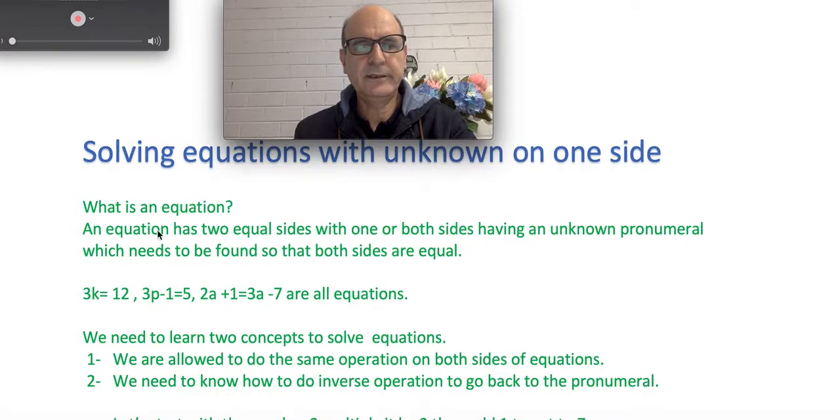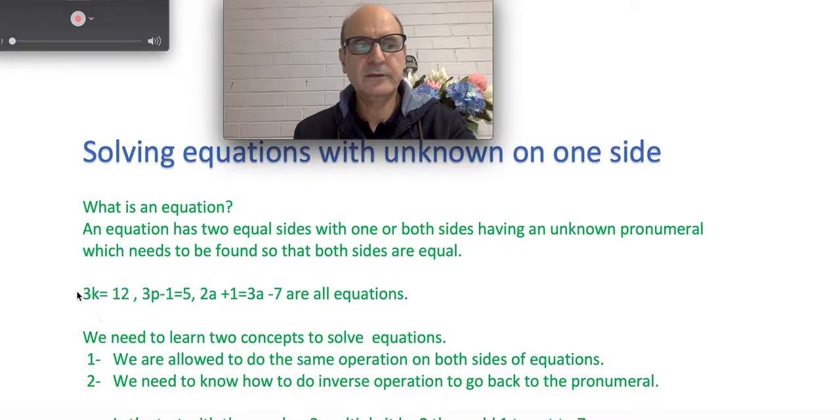An equation is any relationship which involves this sign, which is the equality sign, which shows two sides are equal, and it has a pronumeral in it, which we need to find the value of so that the equation is correct.